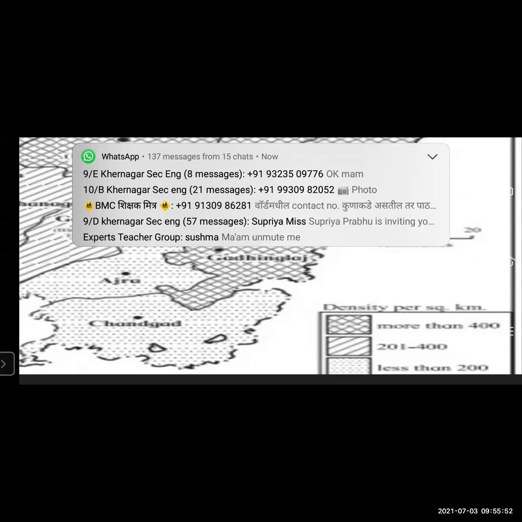Name the talukas with a population density between 200 and 400. What pattern is given here? See, the pattern given is of lines, not grids, only simple lines. Now we have to find where this pattern actually is on the map.